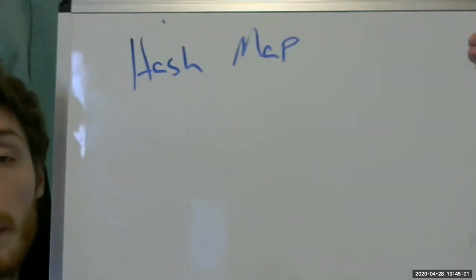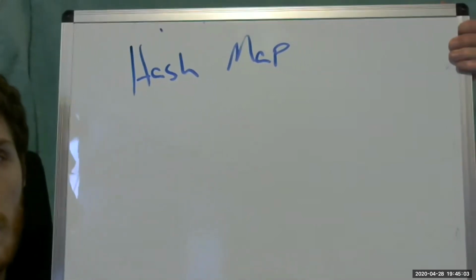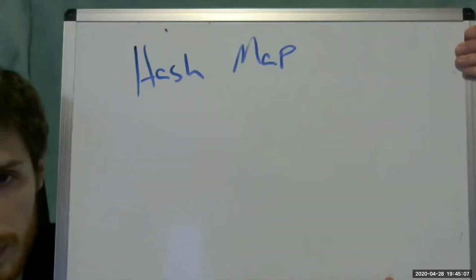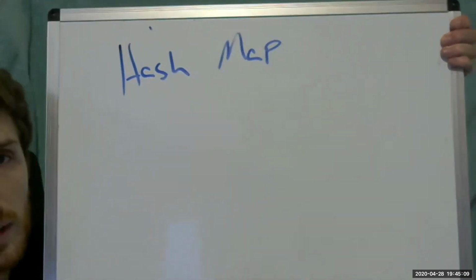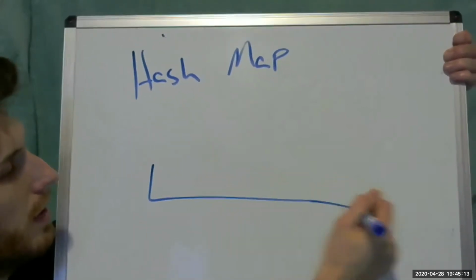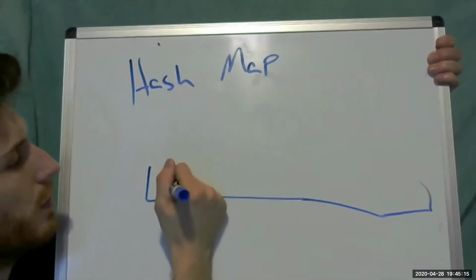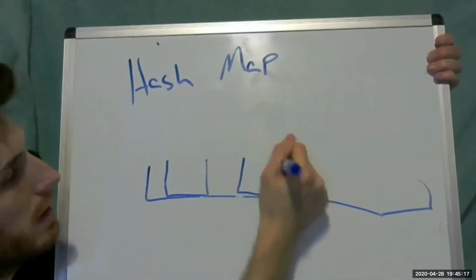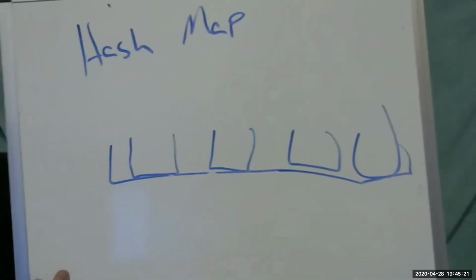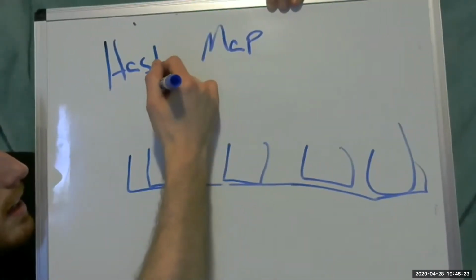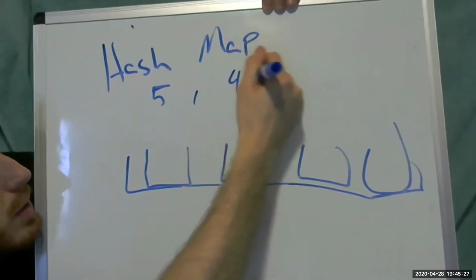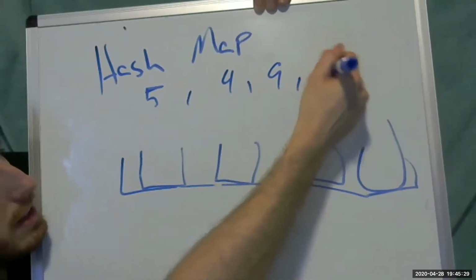And now we can put it all together, because we have this ability to create these random numbers with our hash. So we start off with our array and our 4 buckets, and I can put in my 5, 4, 9, and 6.